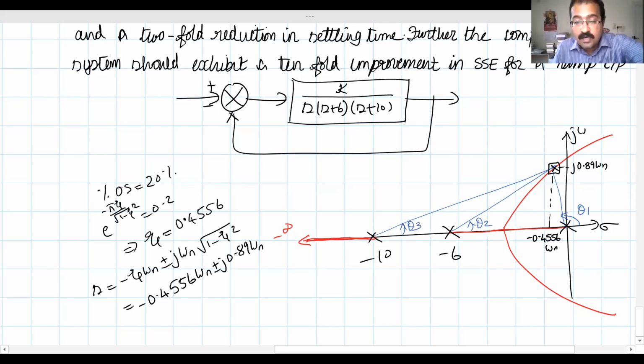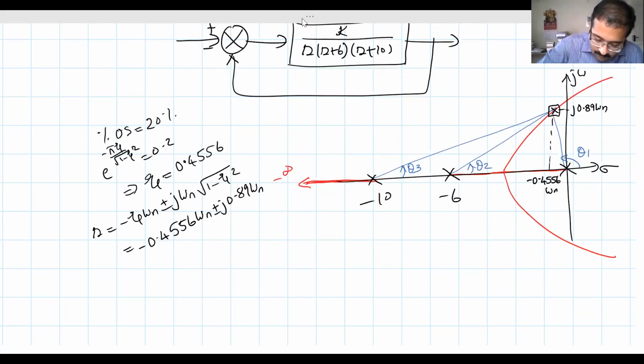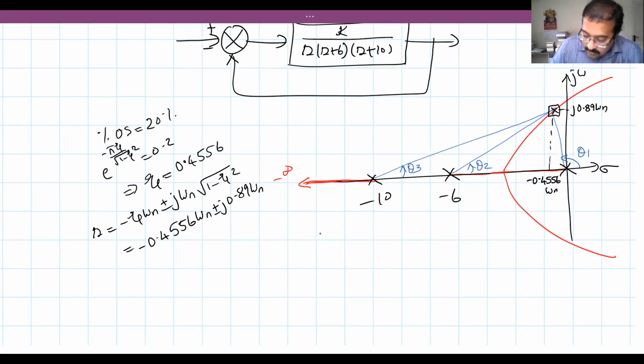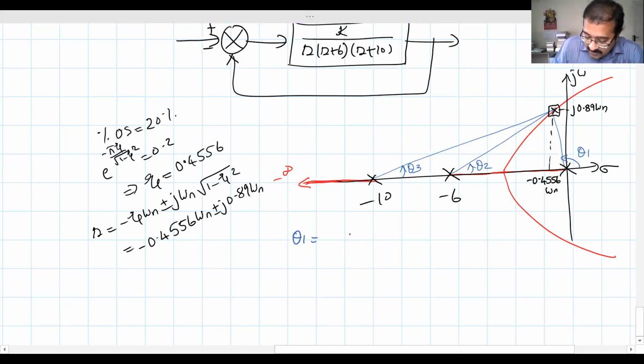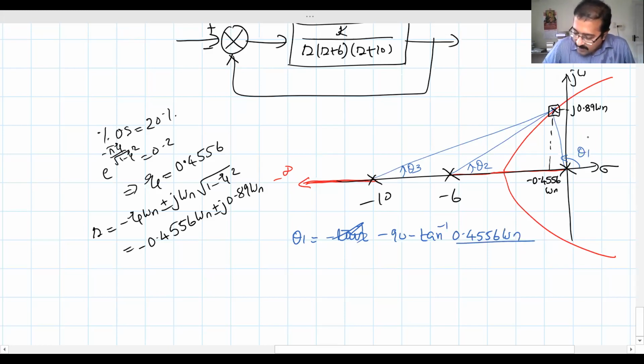So what will be theta 1? Theta 1 is the angle from the pole at the origin. So minus 90 minus tan inverse of opposite side over adjacent side. The opposite side is this vertical difference, that means 0.4556 omega n, divided by the adjacent side, which is 0.89 omega n.